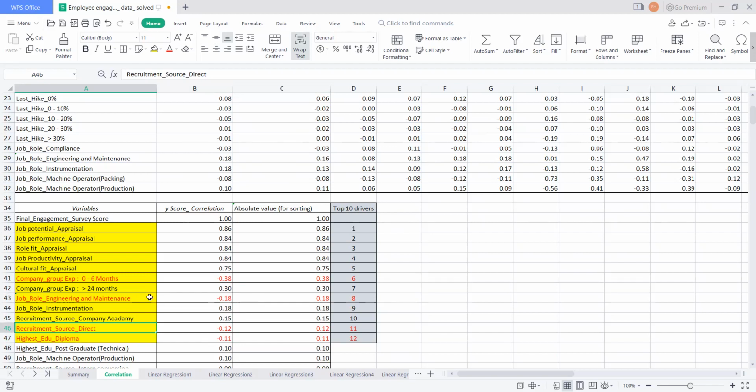If your job role is in engineering and maintenance, then there seems to be a high level of disengagement. And if your experience has been 0 to 6 months, then there seems to be a high level of disengagement. This is a bit surprising, perhaps, or this also points out some of the remedies that this organization needs to adopt if they really want to improve the stickiness of their employees, right? With this, I'll close this video and we will see the linear regression model in the next video.